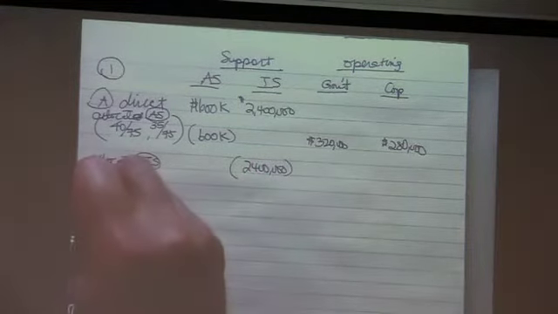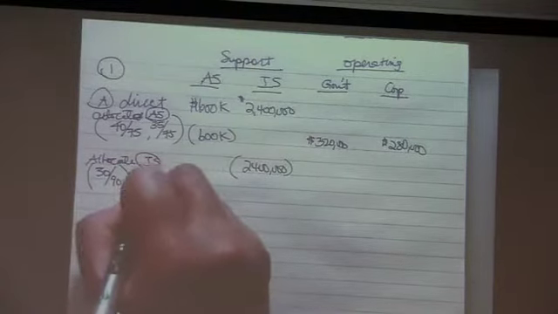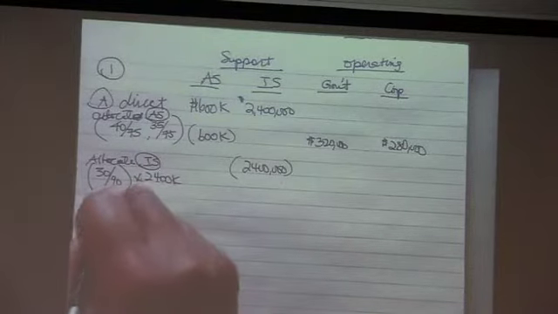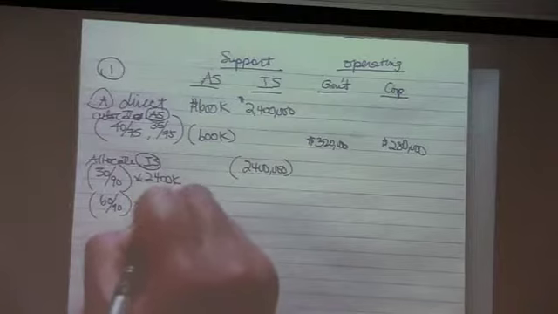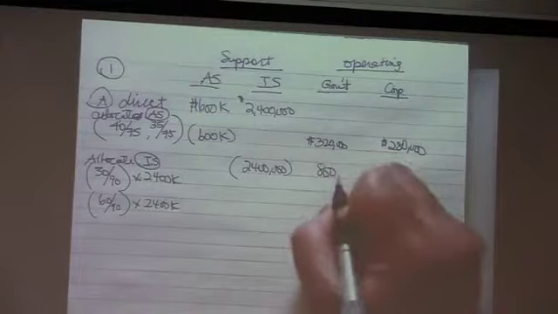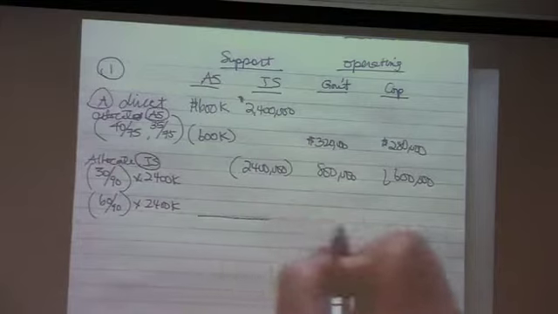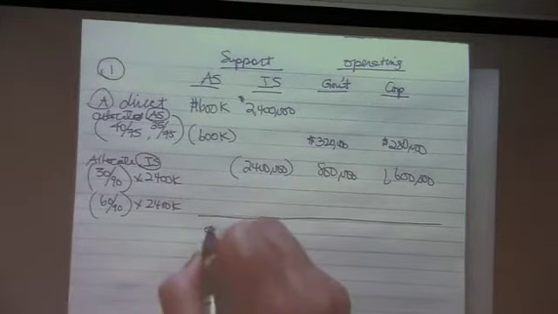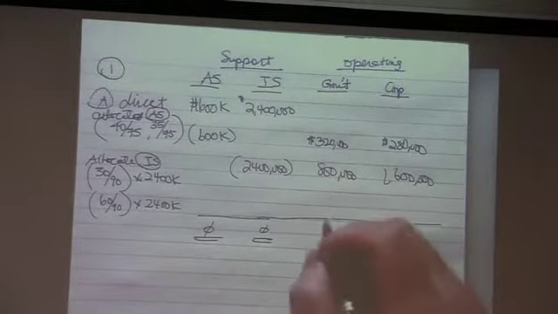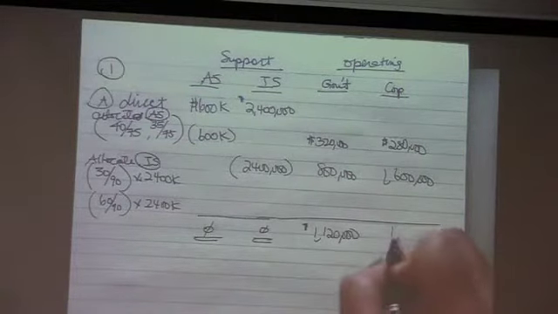So we're going to take 30 out of 90 times 2.4 million, and 60 out of 90 times 2.4 million. And that would be 800,000 and 1.6 million. So altogether, this will be 0 because we have no cost left. And for government, it would be 1,120,000, and for corporate, 1,880,000.